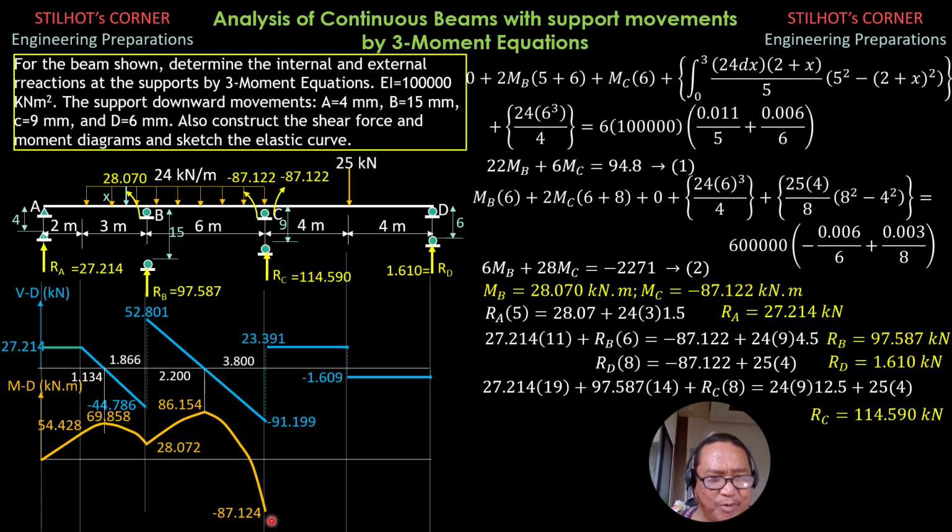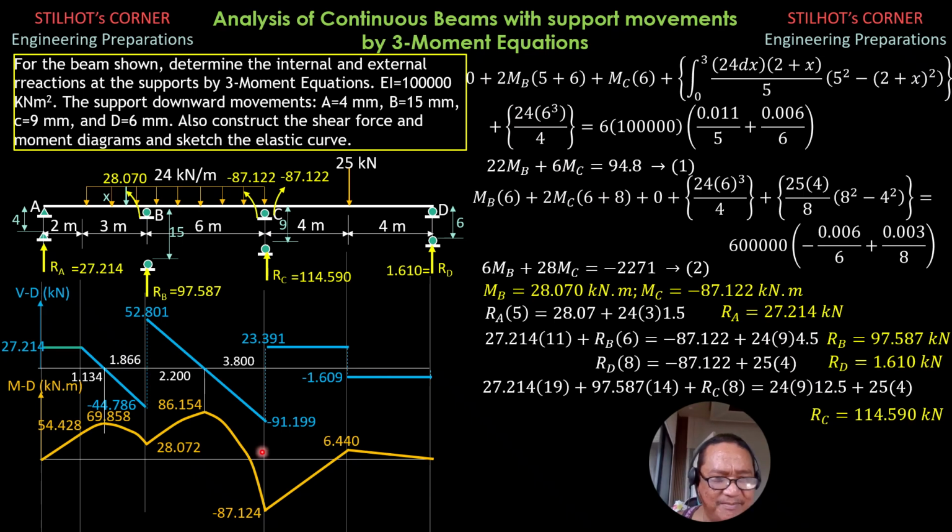Take note that the moment at C is negative 87.122. Again, we have a very small discrepancy. Then negative 87.124 plus 23.391 times 4, it is going up to 6.440. Then finally 6.440 minus 1.609 times 4, that's almost 0.